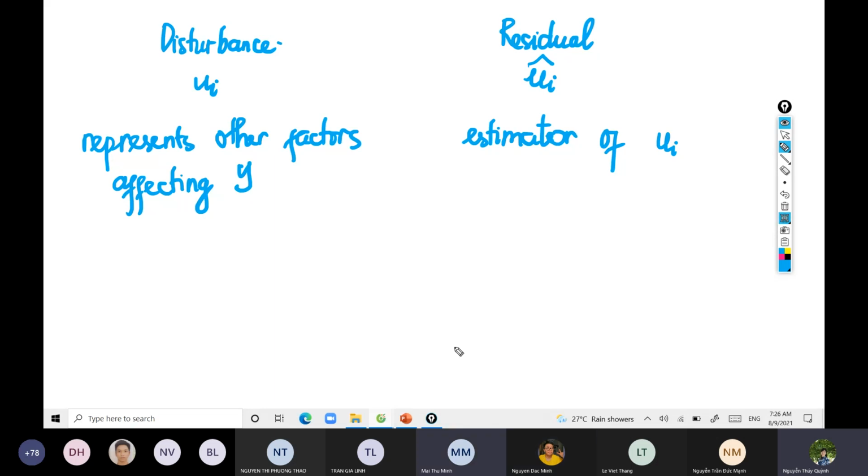I mean, the residual is the difference between the sample mean and the observed value. The residuals, the difference between the sample mean and the observed value.